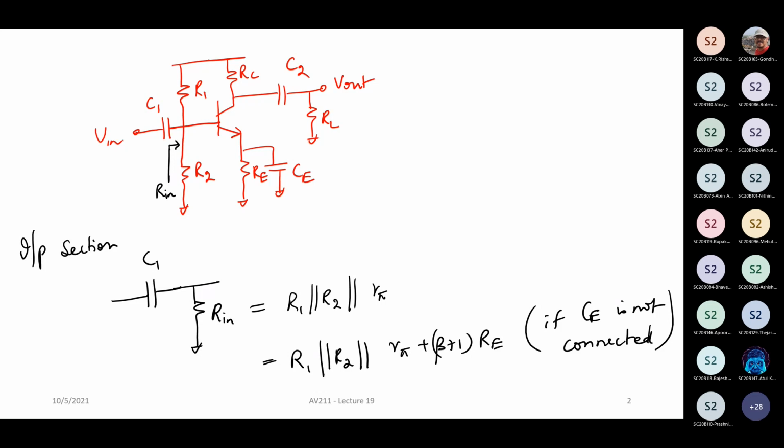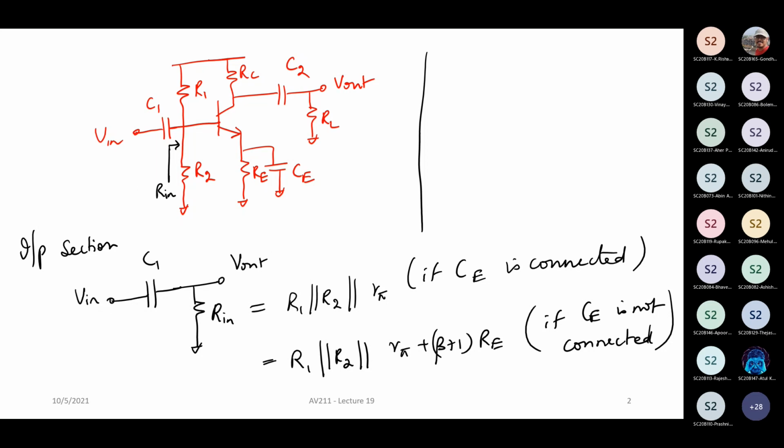Yes, sir. Okay. So if CE is connected, you basically have only R pi. So this is your Rin. Now, as we saw, this RC circuit, Rin and C circuit. If you look at the transfer function between V in and V out, let's call it V out dash, V out dash to V in is going to be given by Rin divided by Rin plus 1 by SC1.